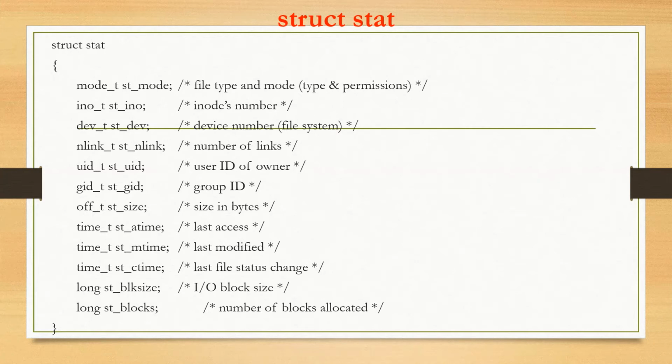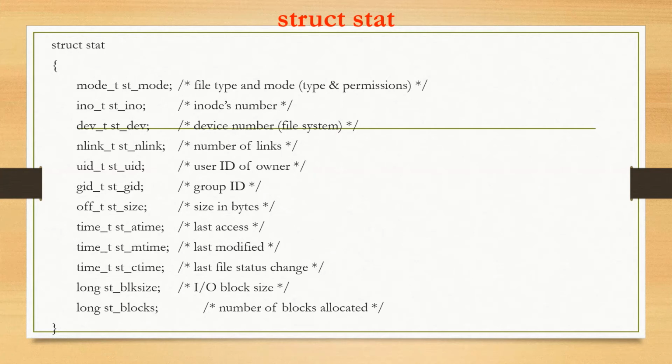Next one, last access time, which indicates the previous access of the existing file. Initially it takes the time, and later if you change the access, that is recorded, which is the last attempt made on that file with the timestamp.